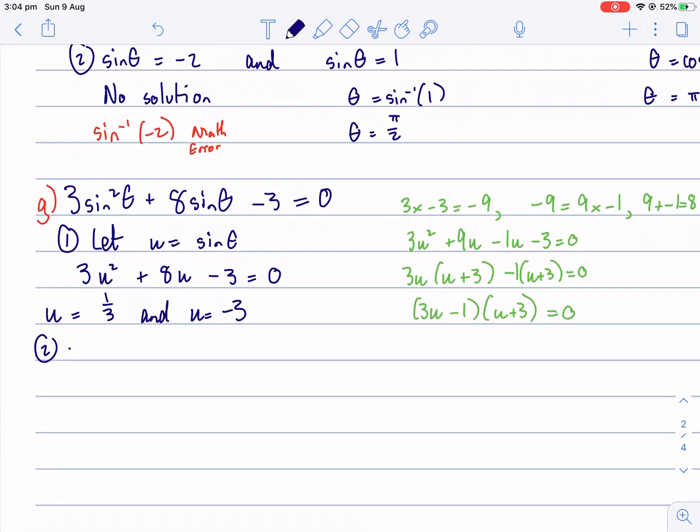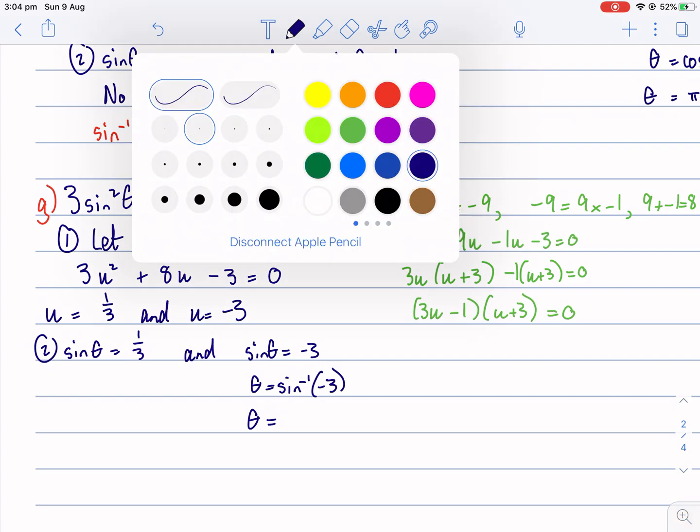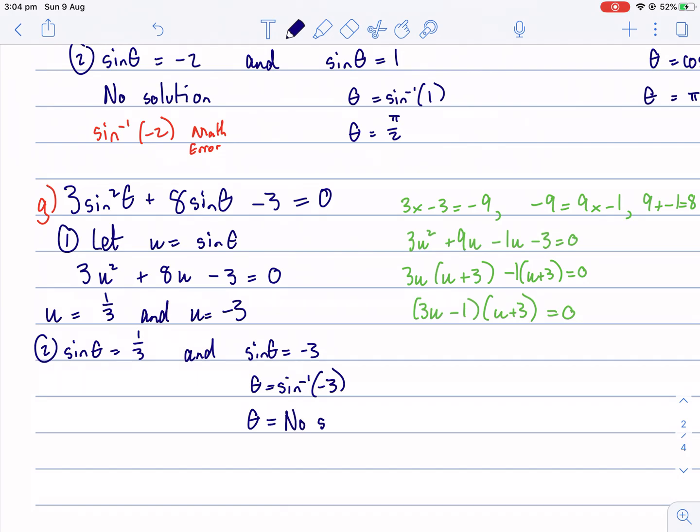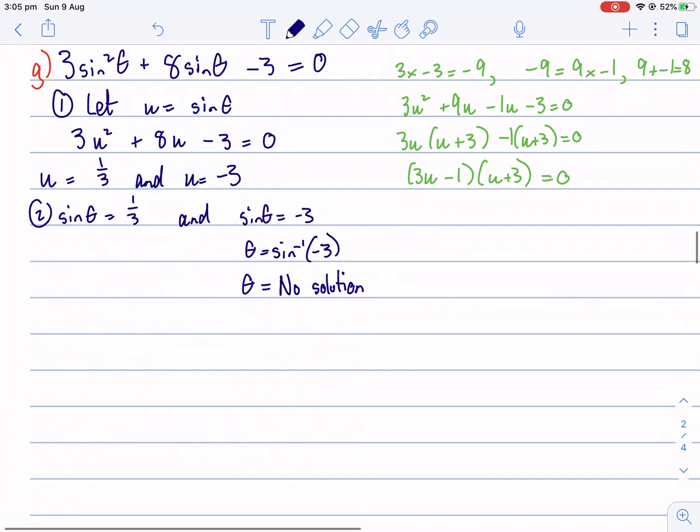Part 2, so we've got sine theta equals 1 on 3, sine theta equals -3. Now if you wanted to do this one, you do arc sine -3, and that comes out as math error. So we've got no solution for that one, so we're just caring about the 1/3.